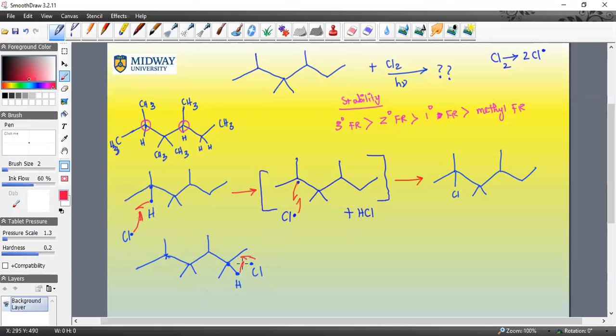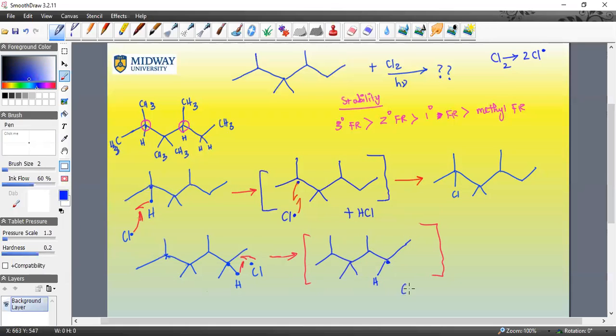Okay, this reacts with this free electron, which leads to our first intermediate, right? This is one of the hydrogens. I'm just going to leave it there, and there's a free radical now right over here.